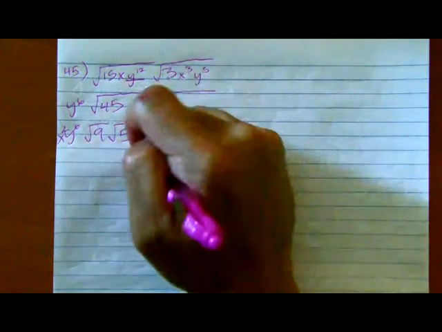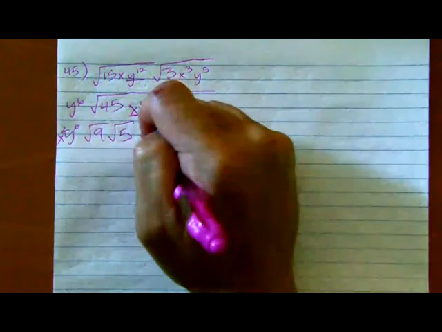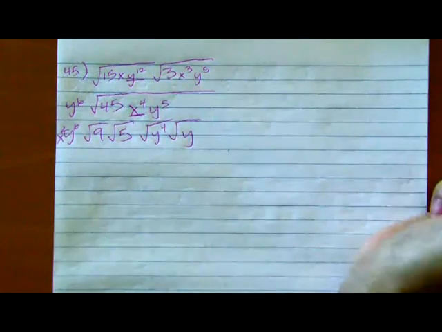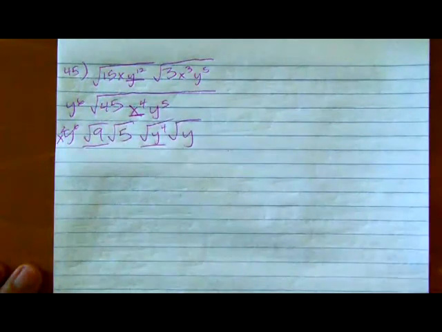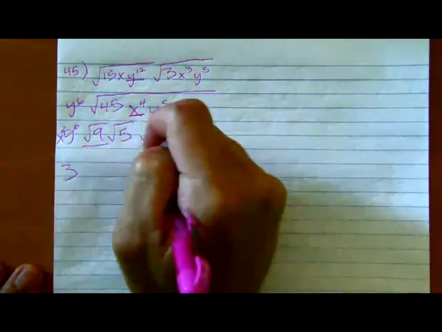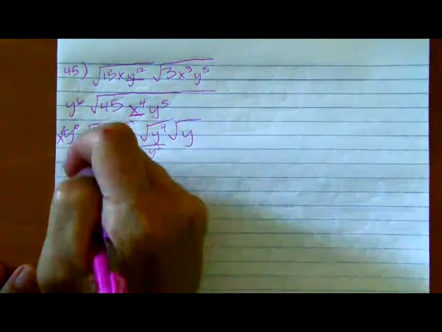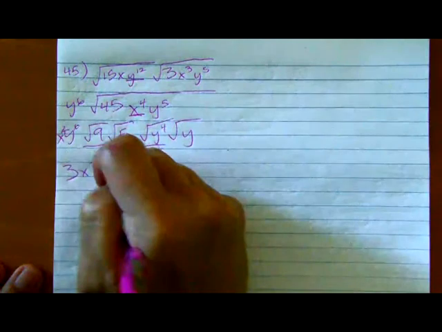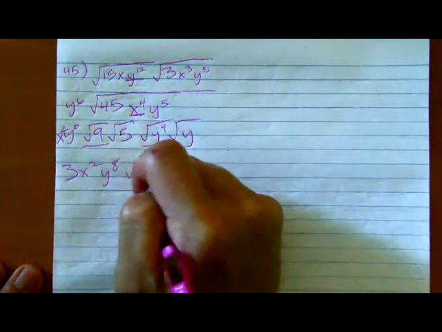Y to the fifth, I can separate into y to the fourth and y. Okay, we're going to square root what we can, the 9 and the y to the fourth. That would be 3, the x squared. This would be y to the second times y to the 6 is y to the 8th. And then we have a 5 and a y left over.